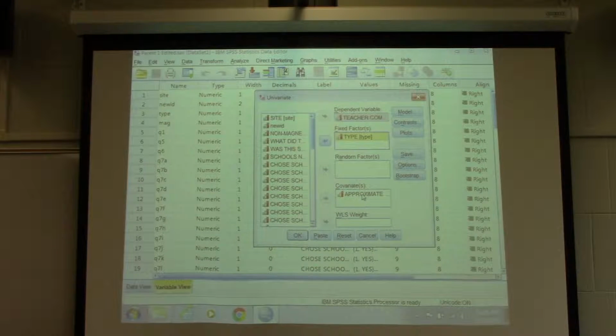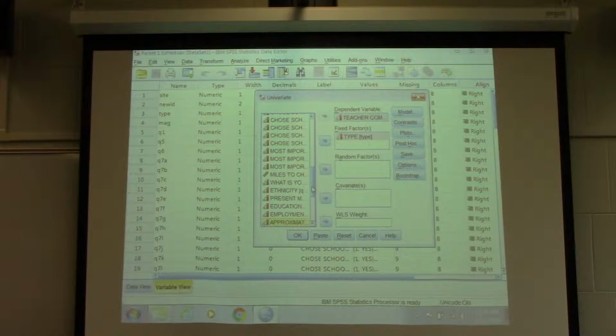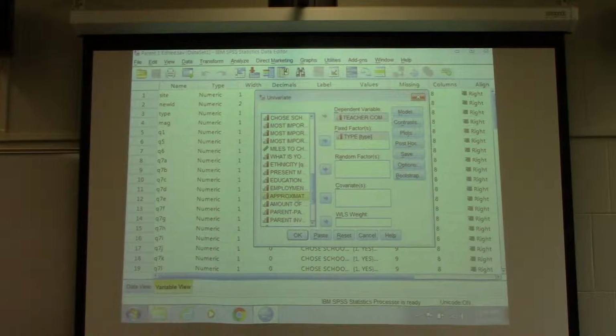The next thing I'm going to do is find my covariate, the things that I'm going to control for. I could control for as many things as I want. In the case of test scores, I want to control for student attendance, student income level, disability, English proficiency. But in this case, all I said was I want to control, about 2/3 of the way down, for a parent's approximate level of income.